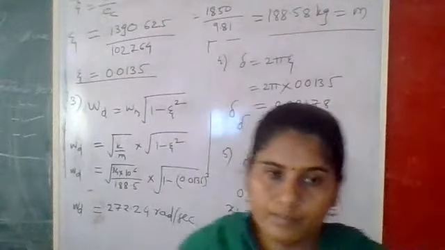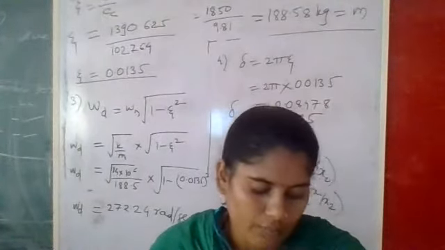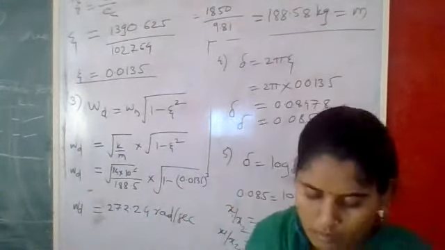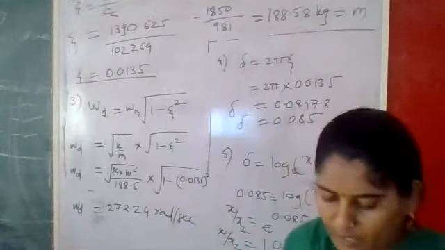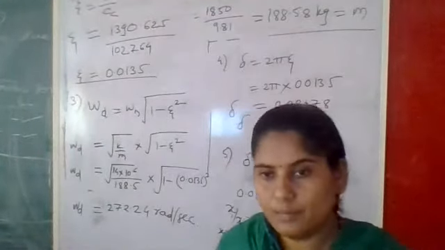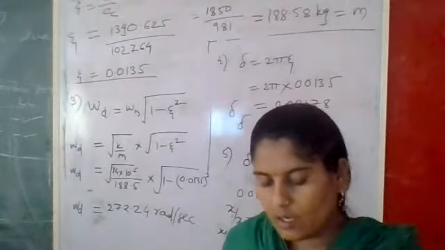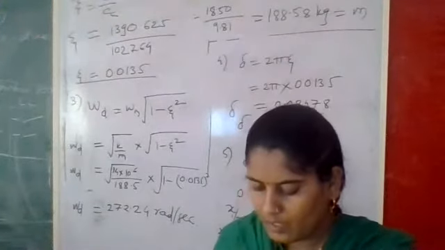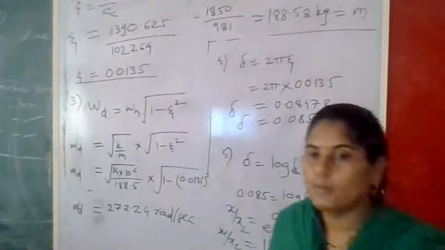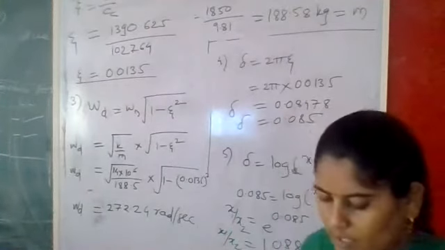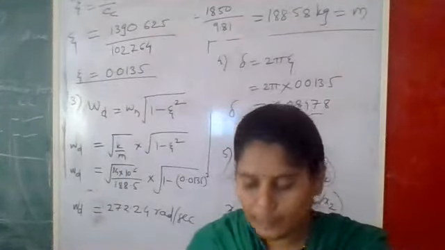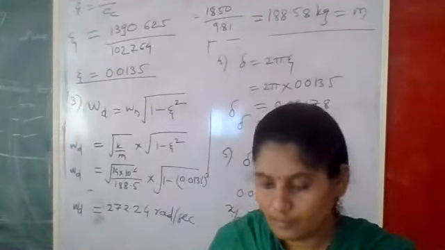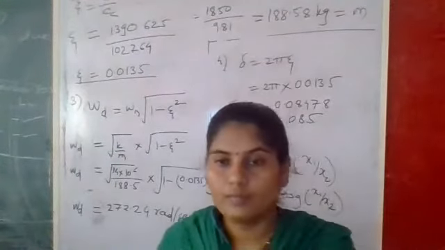So you have to write: problem number second. For a spring mass damper system, M is equal to 50 kg. Find the following.